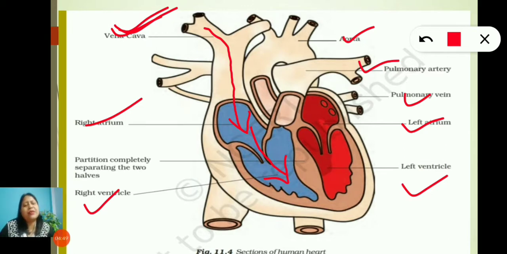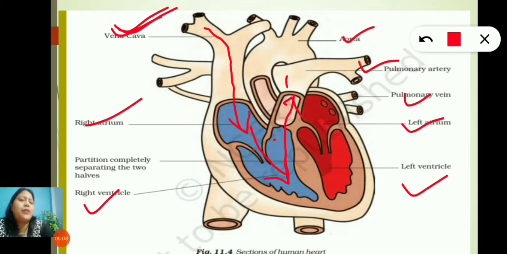It passes from here to here, and these valves close to prevent the backflow of blood. From here the deoxygenated blood gets pushed into the pulmonary artery.